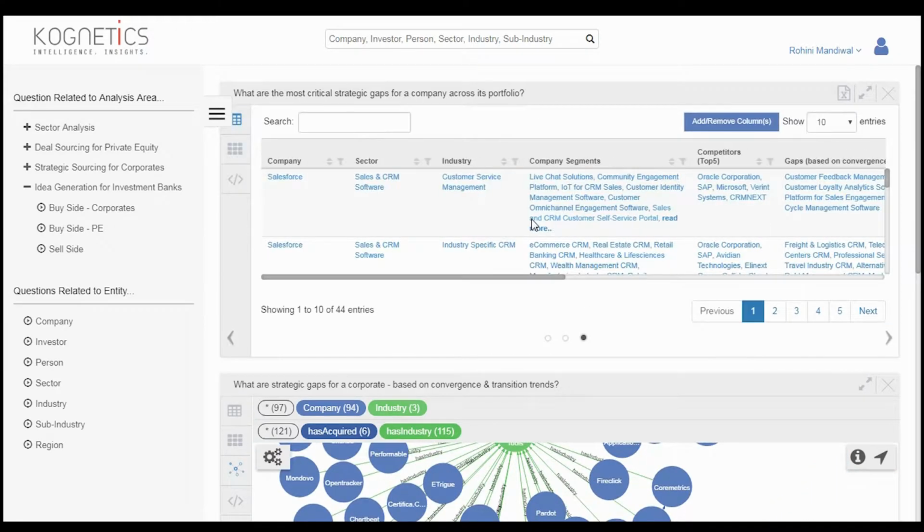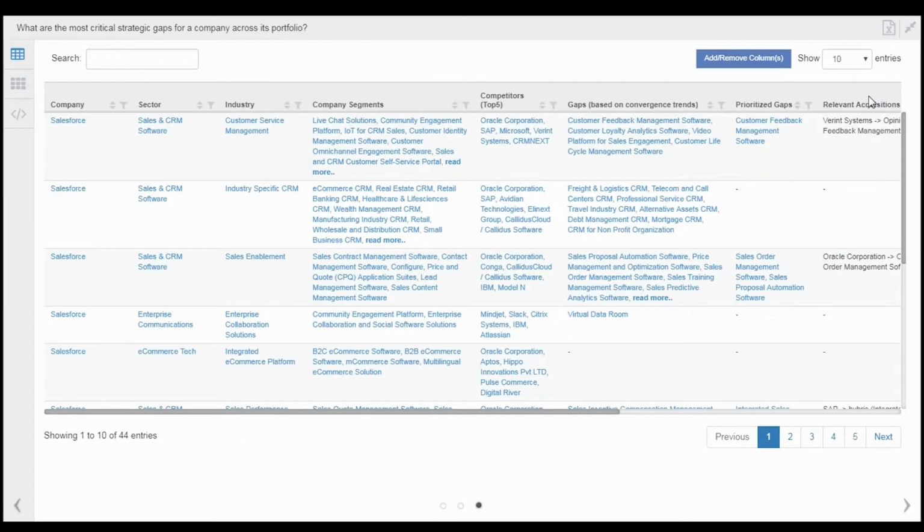In the output, you not only see the gaps for the company versus market convergence trends, but also identify prioritized gaps based on competitor intensity and industry attractiveness, and in the same view, identify companies that are growth companies in these gap areas and are due for an exit in these gap areas.